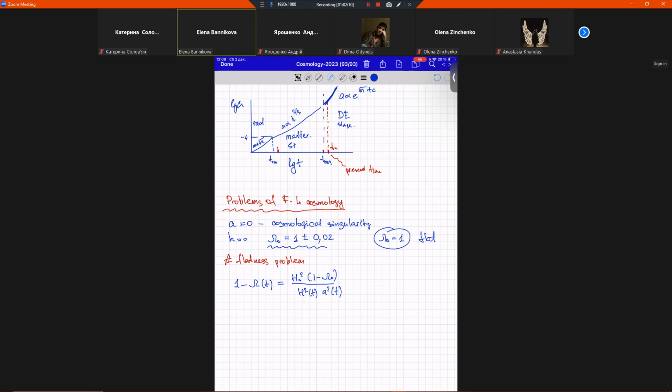And the second one: when we look in the past, we understand that we need to take into account the matter and the radiation. Maybe even better only radiation, but God knows, so let's keep the second one. For this, we have again our Friedmann-Lemaitre equation.